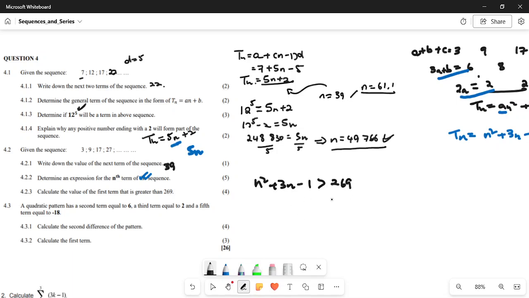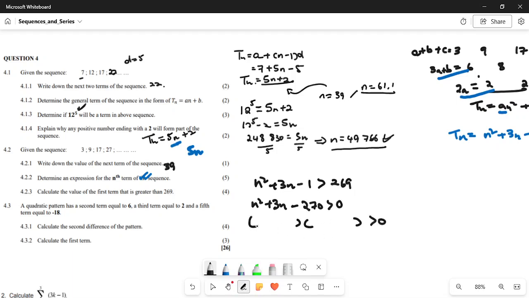So we'll solve for this and we'll find our roots of n, and those roots of n will tell us the index at which we may find this expression is greater than 269. Okay, let's simplify this first. So I will just say n squared plus 3n. I'll take my 269 to the left. I will have minus 270 greater than 0. And I just need to find my factors here.